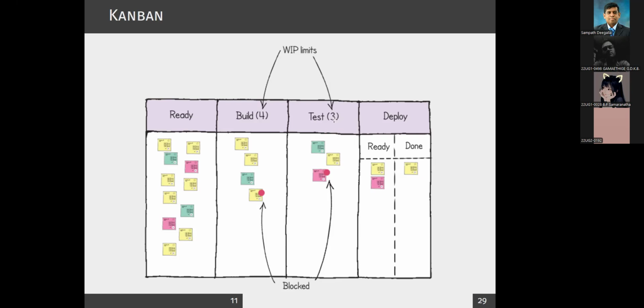And when you say 3 here, the limit for test, a maximum of 3 tasks is here. So that's the idea, as I told you earlier, you are trying to prevent any overloading for the team members, right?